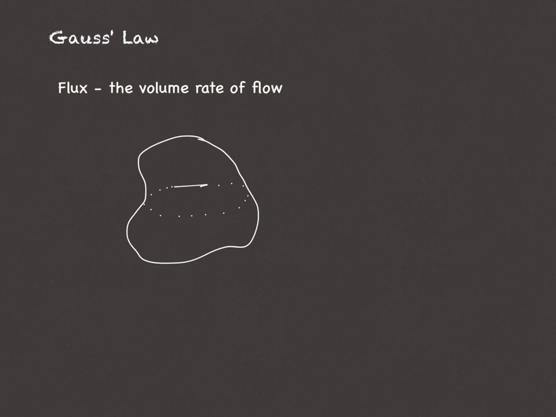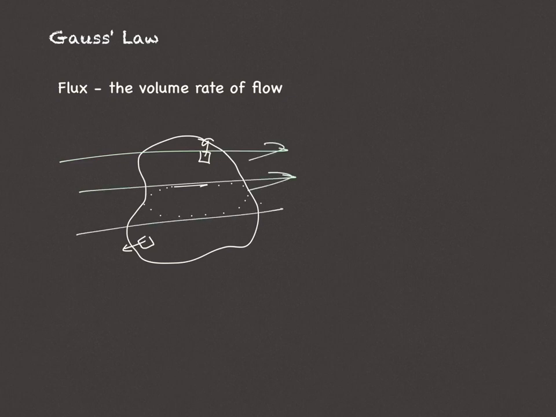And over this surface, we have small sections of area, and they all have their own normals with the surface. If we had electric field going this way through that object, what we would have to do is add up the flux through every single little area.